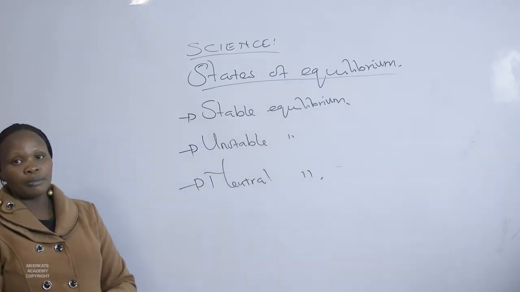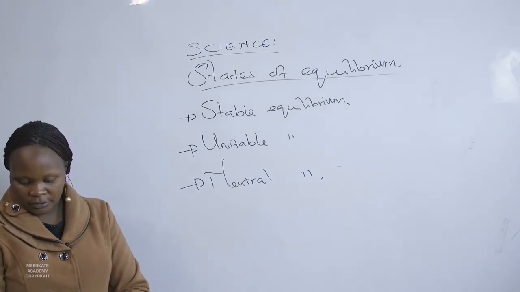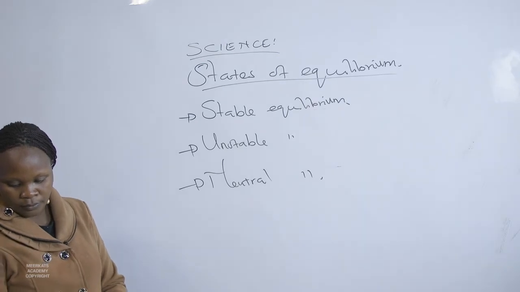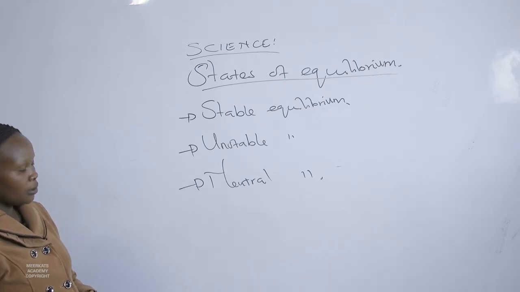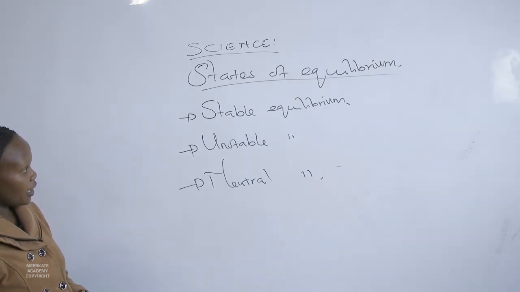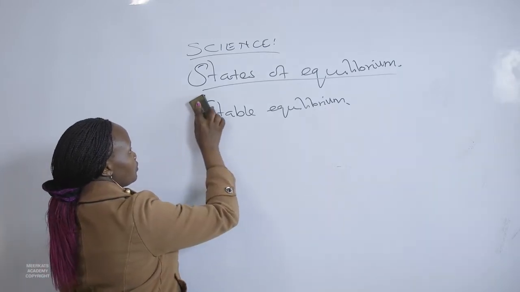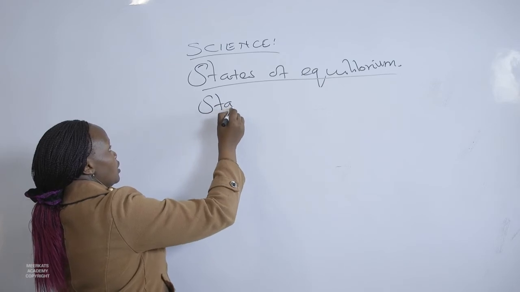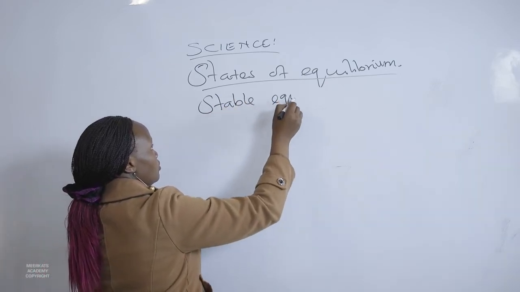Now let us pick on each one of them and see how they differ. Now, we will do that by looking at a model of a cone. Start by the stable equilibrium.